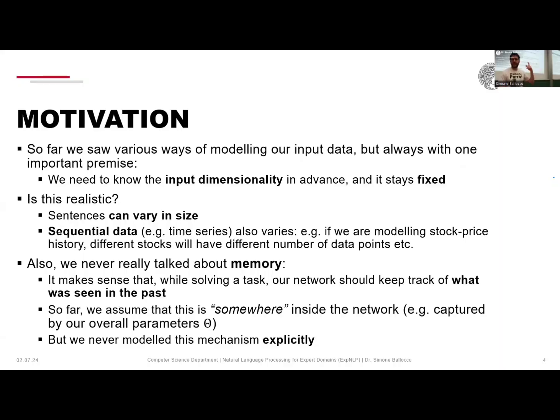Also, I want to add something which just came to my mind. When we say that sentences can vary in size, someone may argue, yes, I can fix that. I can set a max sequence length, say 200, because more than 200 almost never occurs. And then I do something like padding: the cat is on the table, pad until I reach size 200.